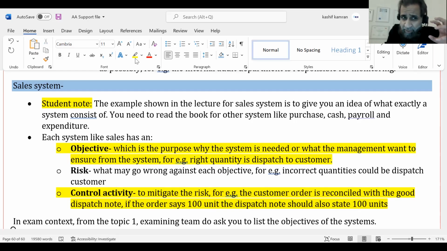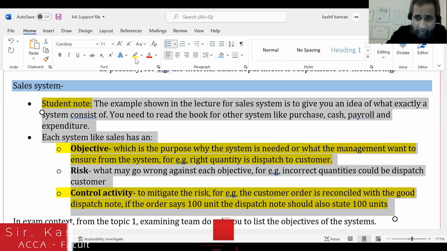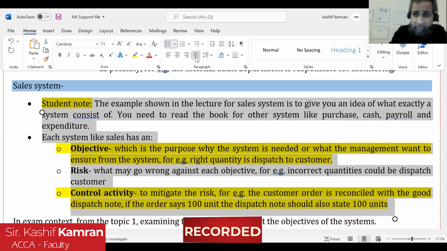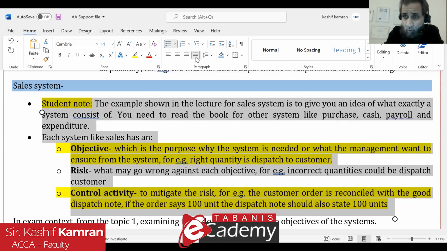So I think the first and the third is more beneficial from an examination point of view, but try to ensure you read through the purchase, cash, payroll, and expenditure systems so that you have the right idea about objective, risk, and control activities. If you don't understand something, you can WhatsApp me for queries about the systems you are reading back at home.